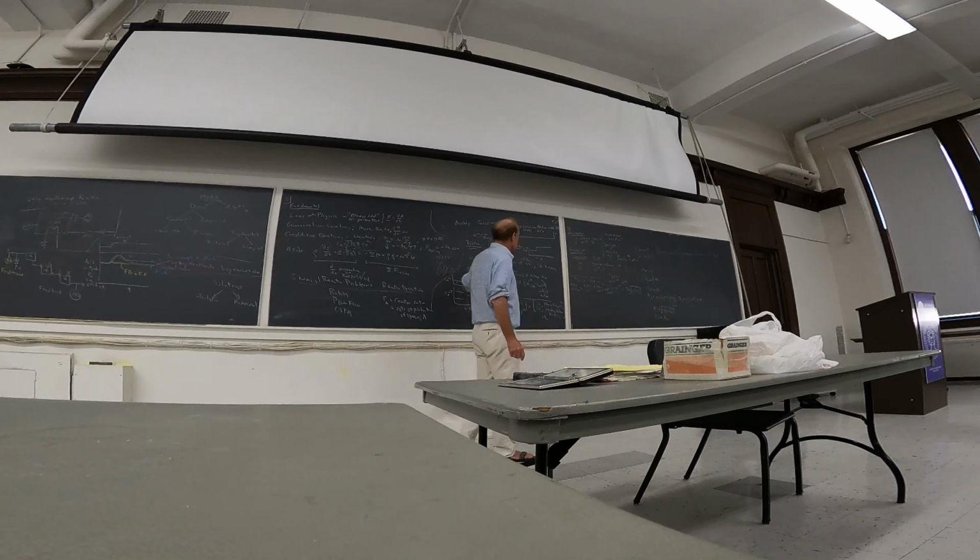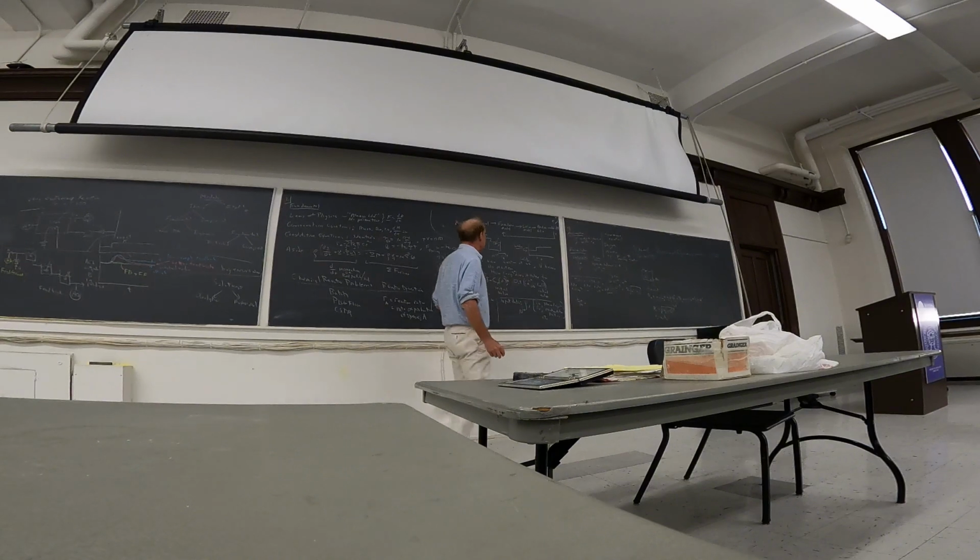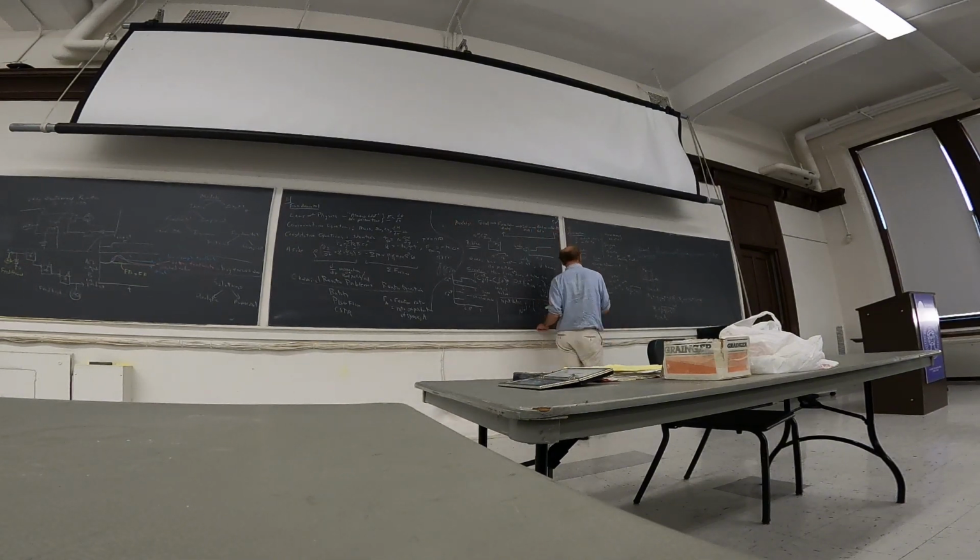There's no reaction here, so I have the rate of accumulation, V dCA/dt. And I need assumptions. I've assumed that rho doesn't change. So that is equal to the in, that's v in CA in, minus v out CA.